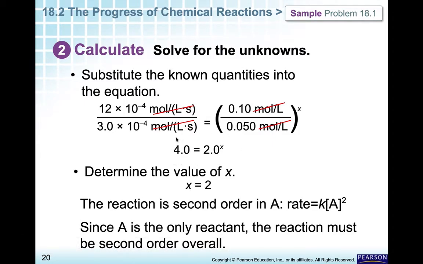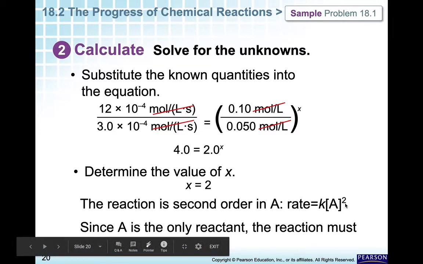We plug in the factor that our rate changed by, and we know that has to equal the factor our initial concentration changed by raised to the x. So we knew our rate was quadrupling. That means we know that 4 must equal 2, because our initial concentration was doubling, raised to the x. Once we know that x equals 2, we just plug that back into our initial rate law for x.